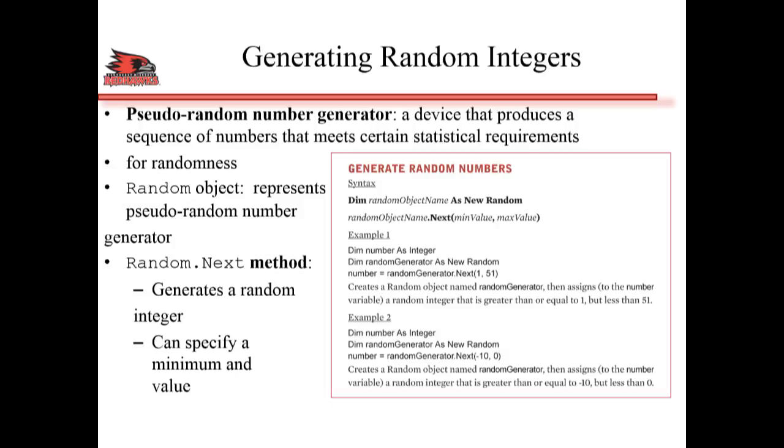The reason we put the term pseudo, meaning that it's not actually a random number, is because with computers, you can't ask a computer to give you a number off the top of its head. It does not have any intelligence to do that. So the programmers have used some tricks to convert time into a random number basically.